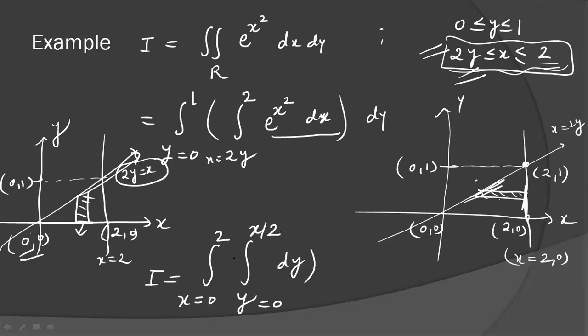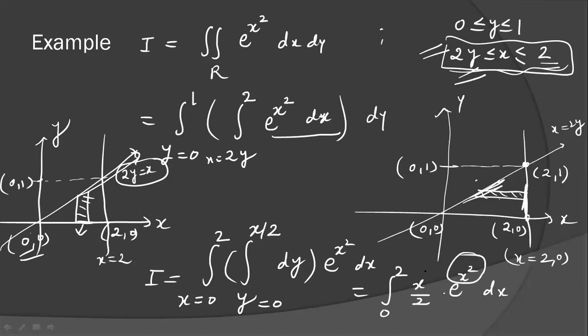We will integrate dy with respect to y firstly. E to the power x square dx we can take outside. Now it will become 0 to 2. If you integrate dy, it will give you y, so x by 2 e to the power x square dx. Now suppose x square equal to v; by some integration by parts, its differentiation is given here. You can simplify it.